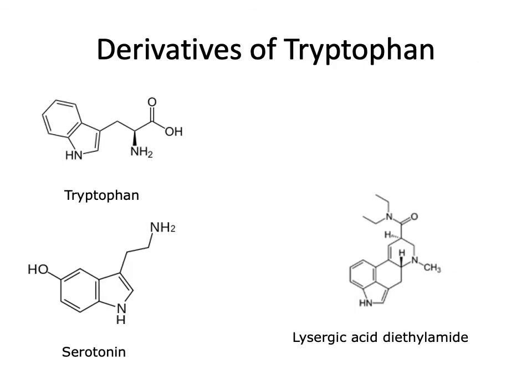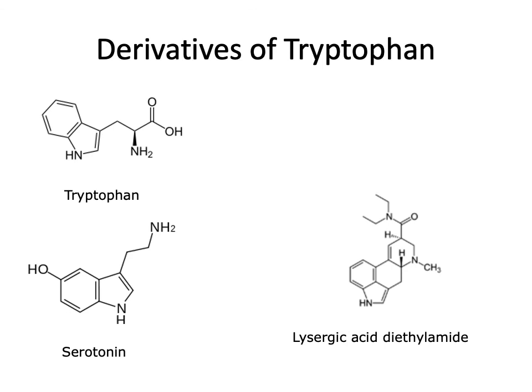The same is true of tryptophan, which can be converted into serotonin, another neurotransmitter, and there's a semi-naturally occurring compound, LSD, that is an agonist of serotonin.